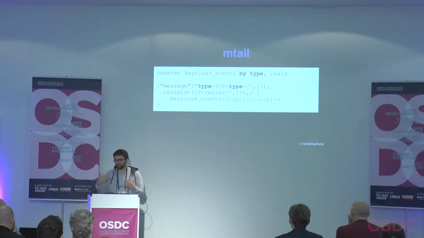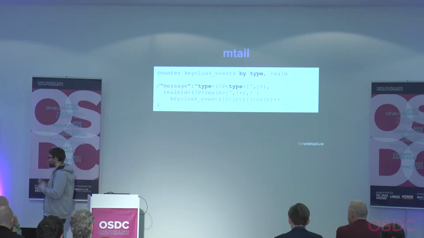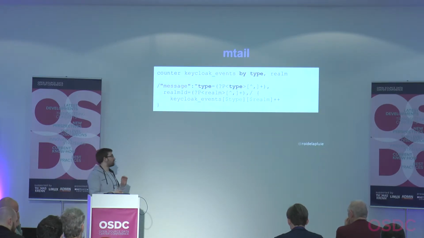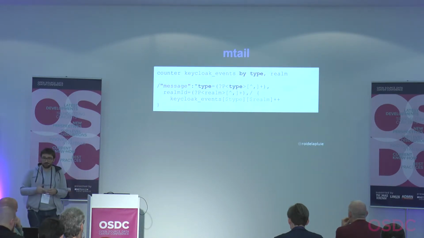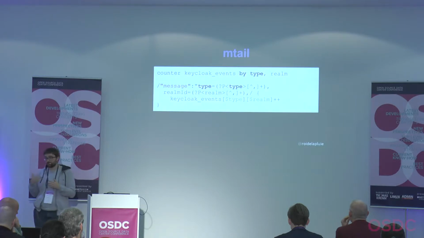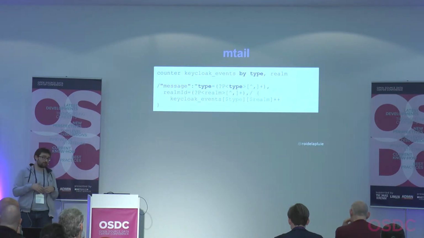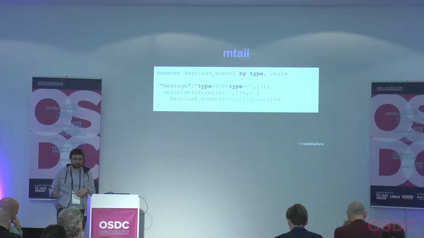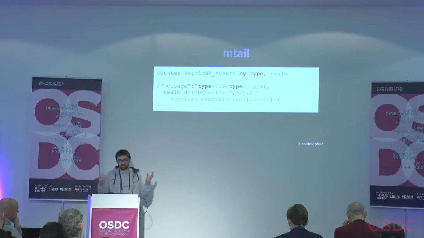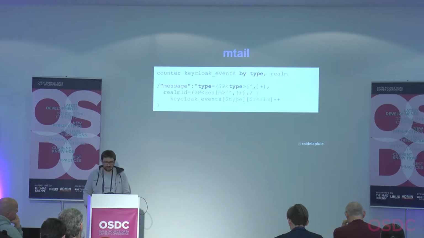That can then be shown in a graph, and that helps us to see, okay, is someone logging in now? Do they succeed? Because we use external identity providers. And you know, when you have a user that cannot log in, it does not matter if it is your database that is down or your identity provider. So mtail and audit logs enable us to see if the business of Keycloak is actually working.